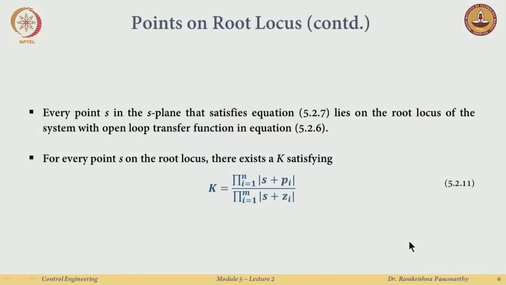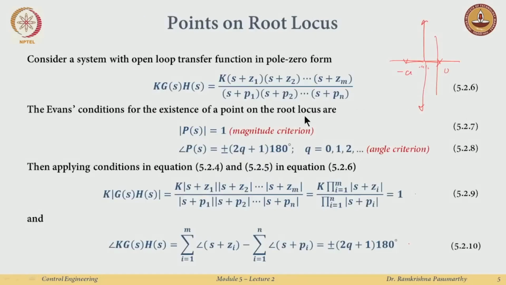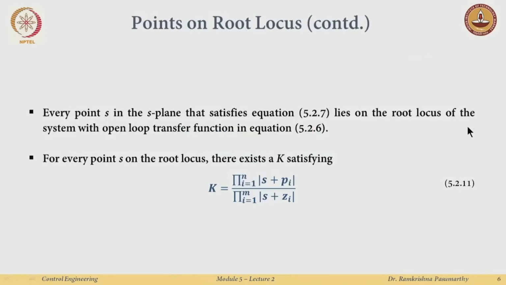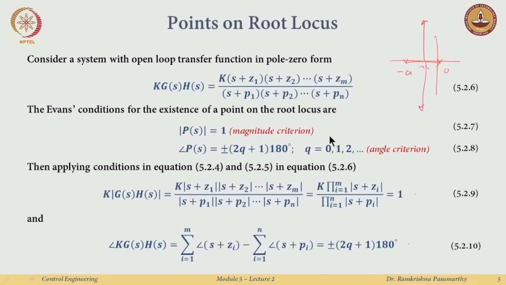So, what is the criterion? Every point s in the complex plane that satisfies this equation lies on the root locus of the system with the given loop transfer function. Here I am just looking at the open loop transfer function.